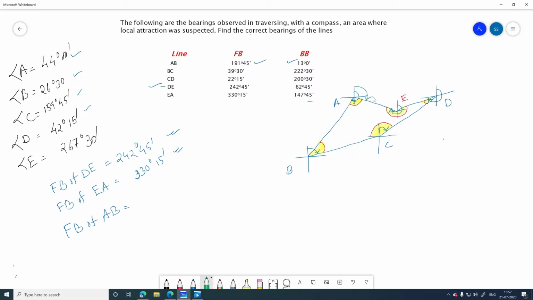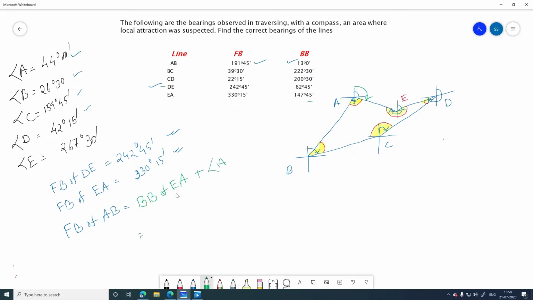If you add the back bearing of EA with the interior angle A, you get the total angle, that is the forebearing of AB. So here we can write back bearing of EA plus the interior angle A.